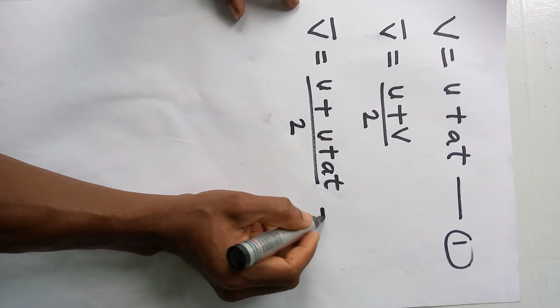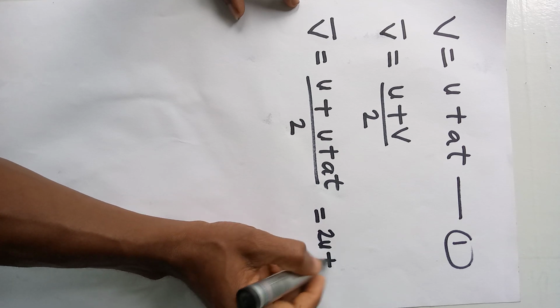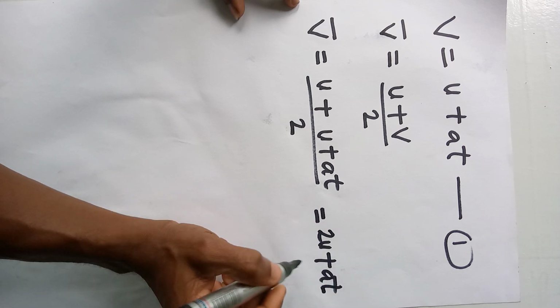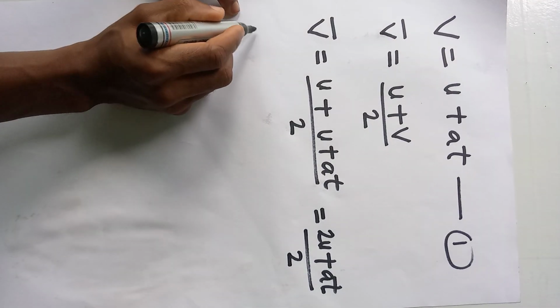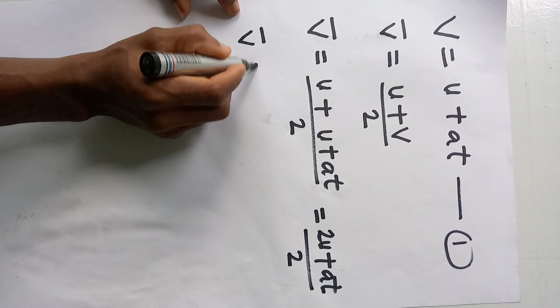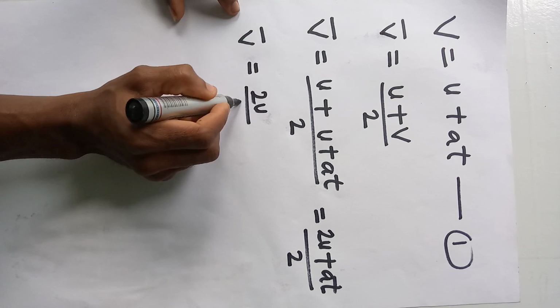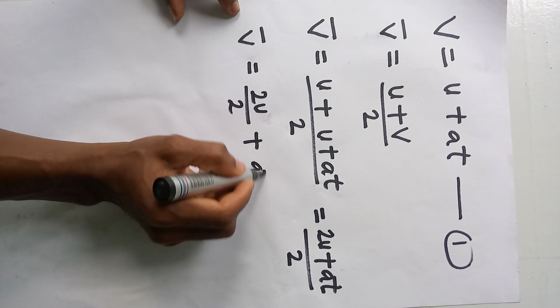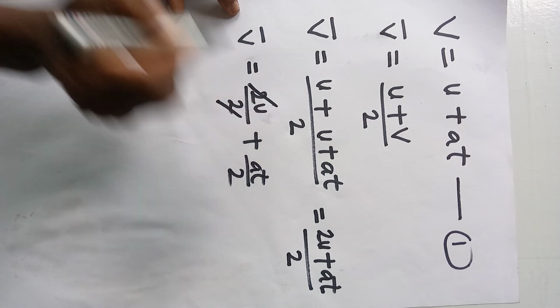So this can also be equal to U plus U, 2U plus AT all divided by 2. So from here we can say average velocity is equal to 2U over 2 plus AT over 2. So the 2 will go out with 2.